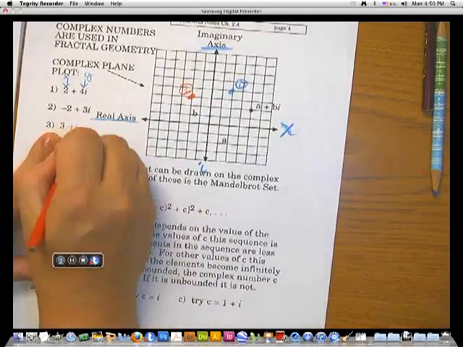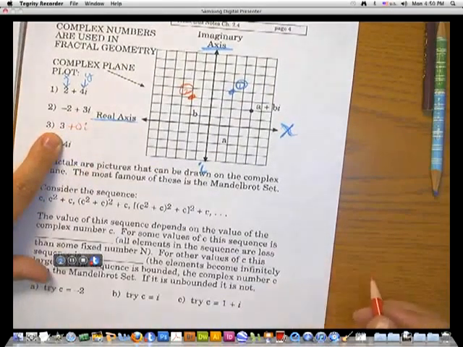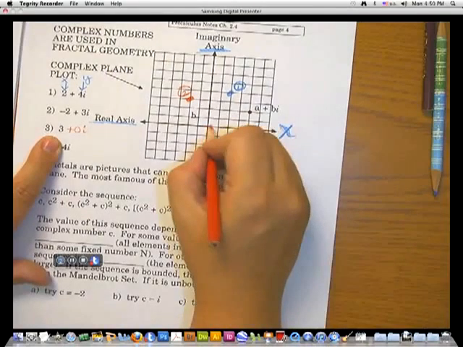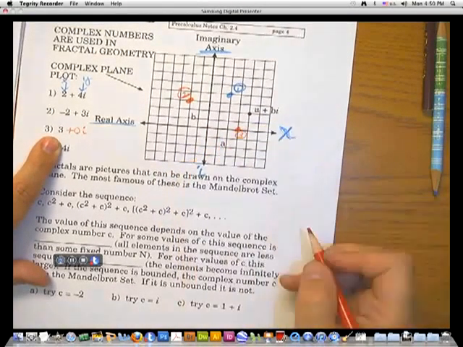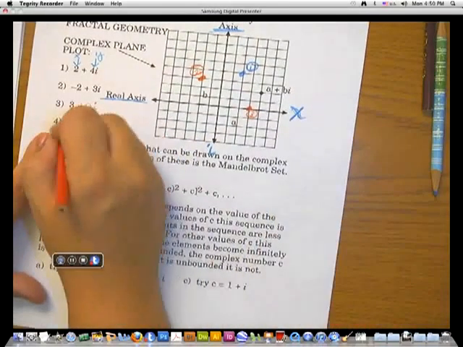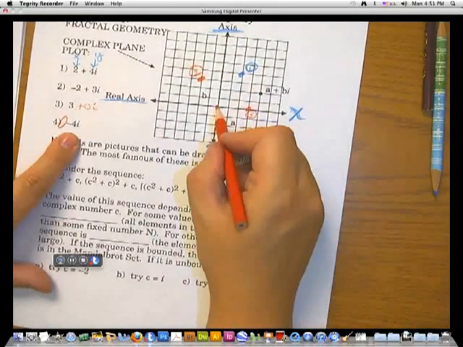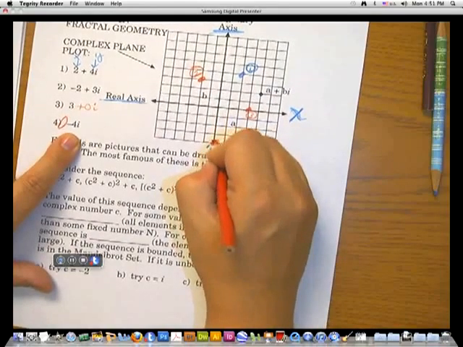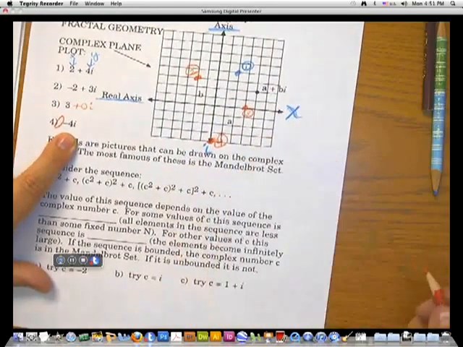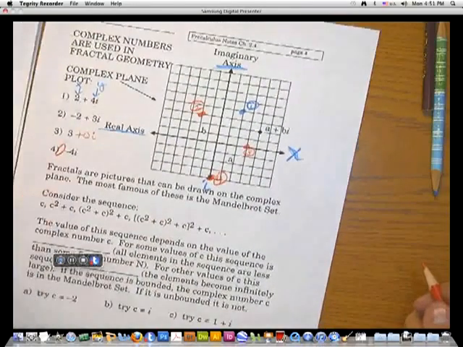For this part, there's no imaginary, so it's just 3 on the x. Here there's no real, so it's negative 4 on the imaginary axis. And that's, seriously, it's just as simple as that.